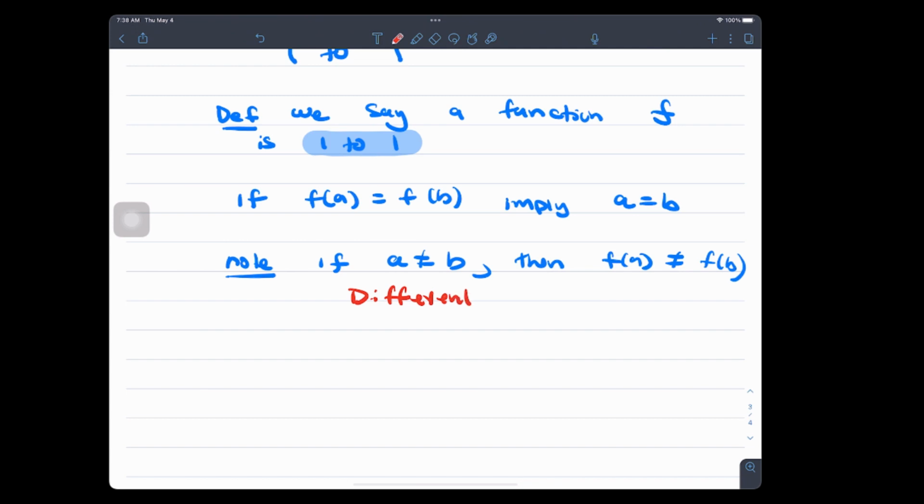Because a and b are inputs, different inputs guarantee different outputs. This is what it means to be one-to-one.